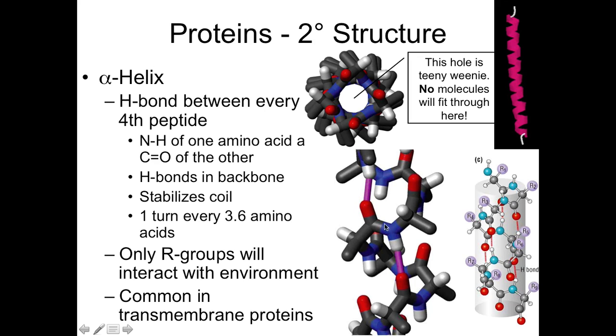So here you have this polar oxygen hydrogen bonding with this polar hydrogen. Now those parts of the molecule aren't going to want to hydrogen bond with, for instance, water or other proteins that are in the cytosol. So you are removing the chemistry of the backbone from play, and you're allowing only the R groups to be the part that interacts with the environment.